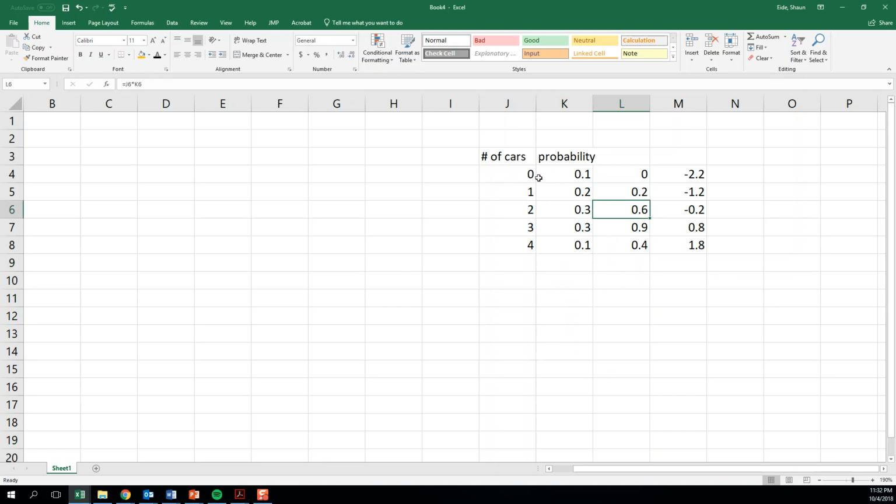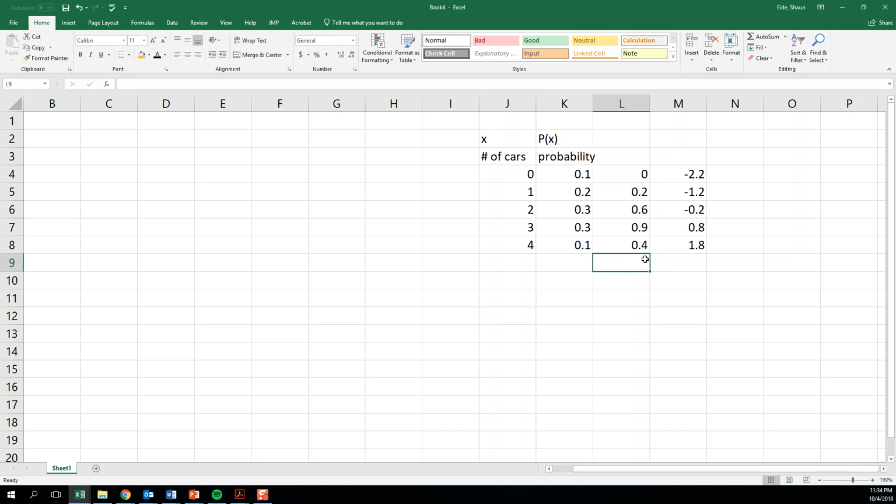Okay, so after you determine the probabilities for each occurrence, you multiply the number, or x, this is x, by the probability of x. Okay, and that gives you, right here, essentially each occurrence's contribution to the mean.